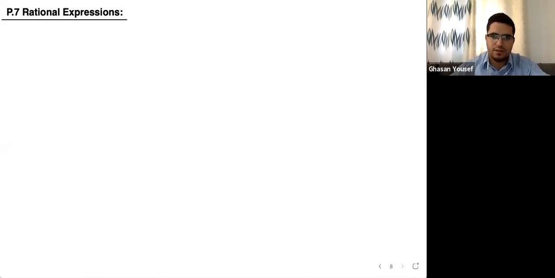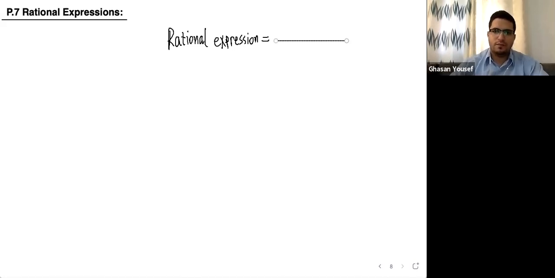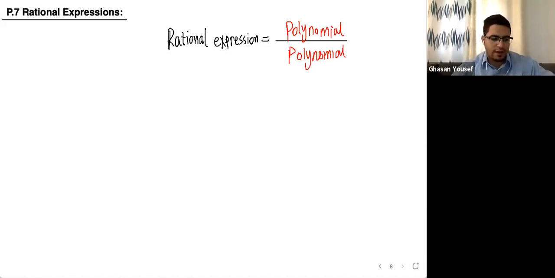So here, polynomial over polynomial. Any fraction of polynomial over polynomial is called a rational expression.